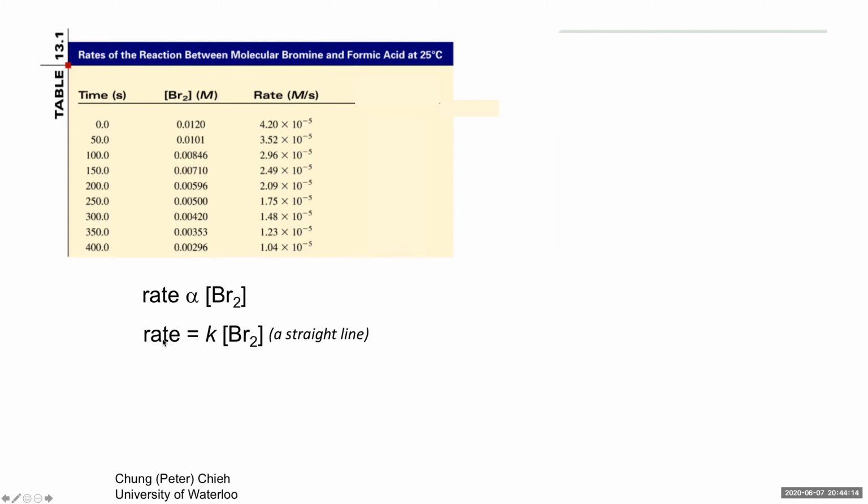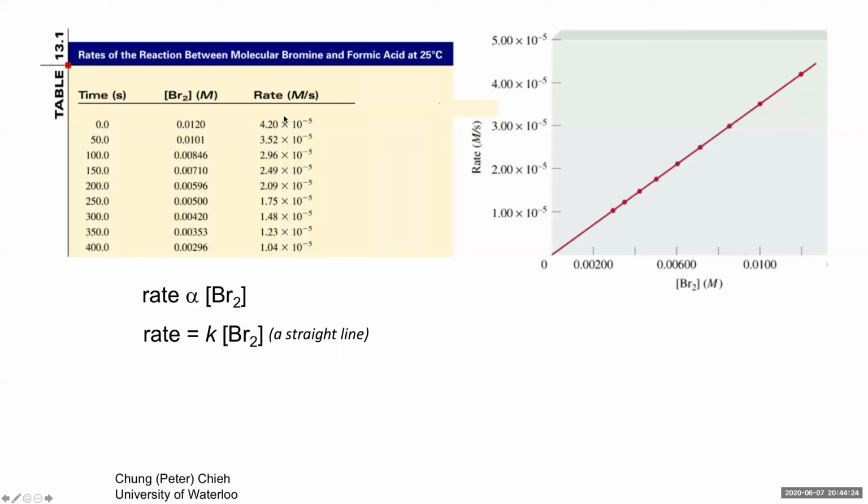If you notice, rate equals K times bromine concentration, and that's the equation for a straight line. If we plotted these rates, which are always moles per second and always positive, versus the concentrations, you get a line like this on the right, and that represents this expression of the rate law.